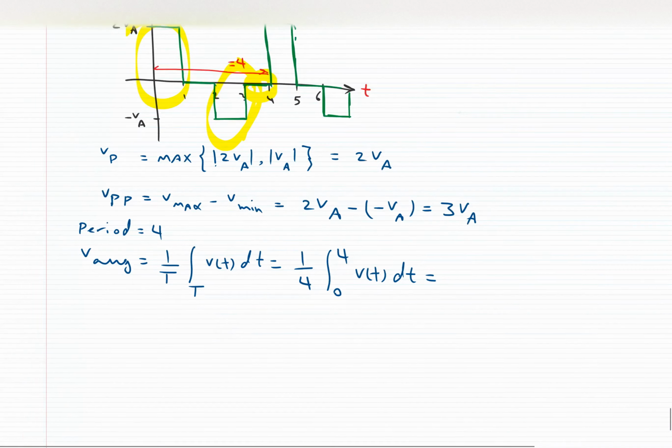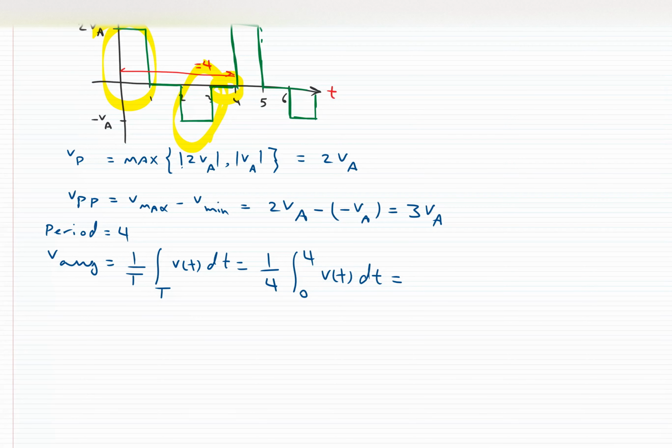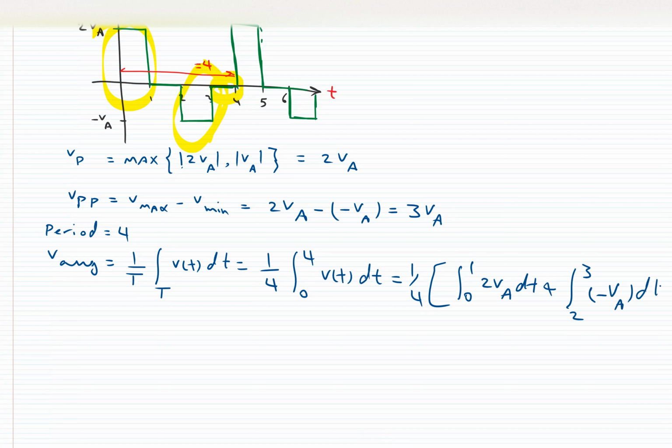Okay, so let's just split this integral into two integrals. So we say 1/4 of the first integral is from 0 to 1. The value of the signal in this region is 2VA dt, plus the other part of the integral, which is the integral from 2 to 3. The value of the signal is negative VA dt.